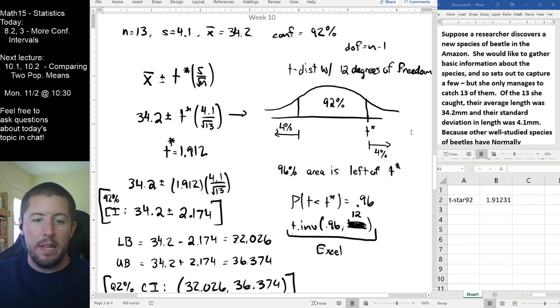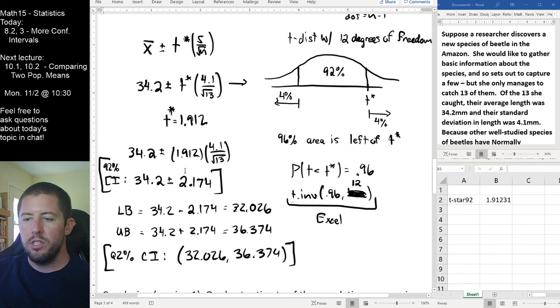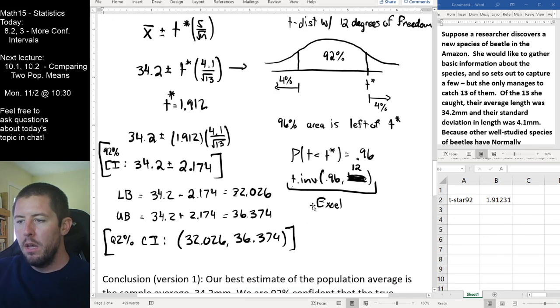So 92%, if you go halfway to 100%, is 96%. And so 96 was our actual value of interest for the computation. 96% of the area was to the left of our cutoff value because 92% was in the middle and we have a symmetric distribution. So computing this t-star value is really one of our key steps. The rest of this was just doing some multiplication, addition, and subtraction.